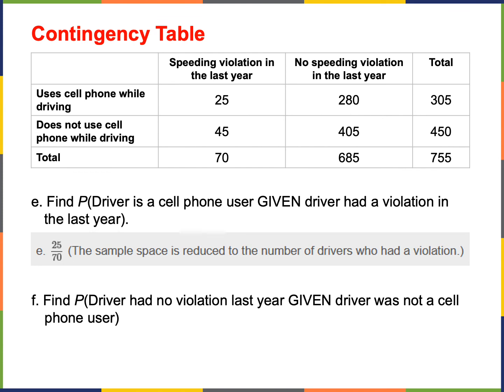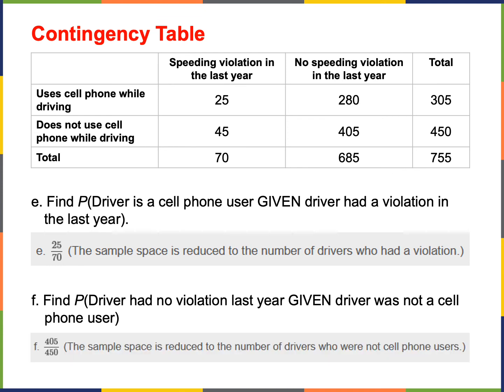So how many people were not cell phone users while driving? 450, right? Then out of that, how many drivers had no violation? 405. So 405 out of 450, because the sample space is reduced to the drivers that were not cell phone users.